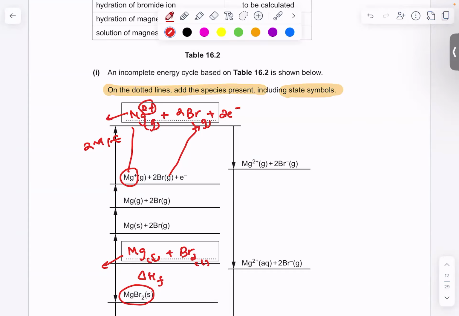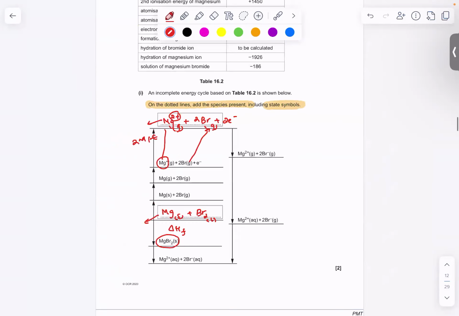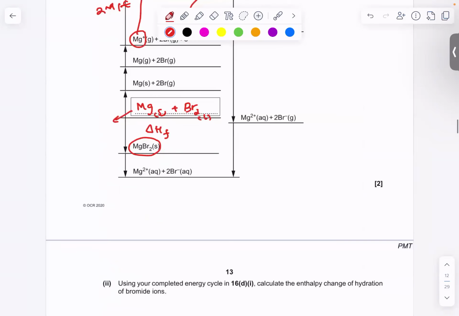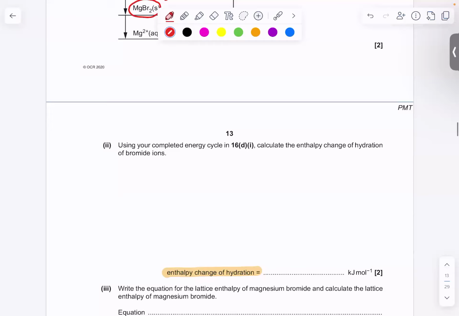Now, you were giving me the answer for the hydration of bromide ion. What was the value? I got 1561.5.